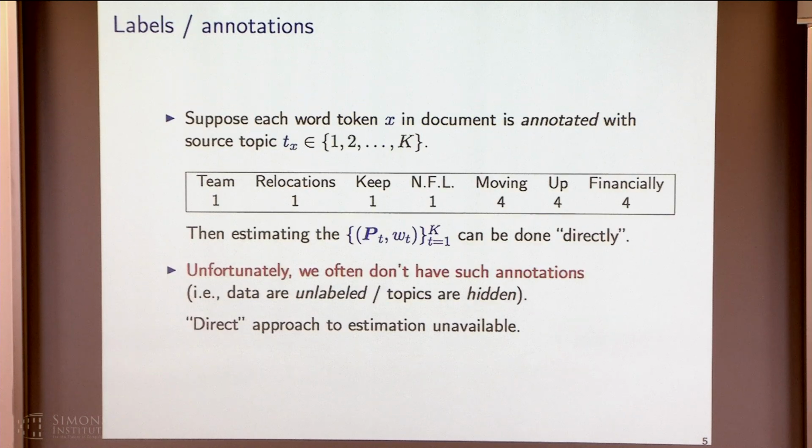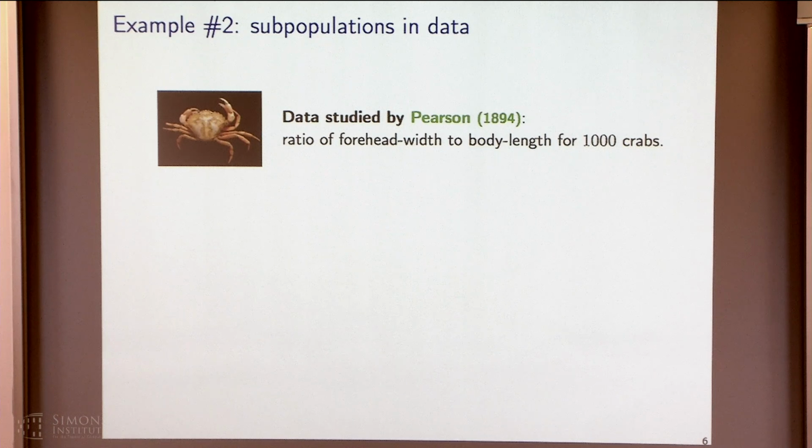Okay, so let me give you another example. This is a very famous story in statistics. This is about some data that I think a friend of Karl Pearson collected. He went on vacation, and what they do on vacation is go to the beach and look at crabs, and measure various things about these crabs. One of the things that they measured was this particular ratio of how wide the forehead is to how long the body is.